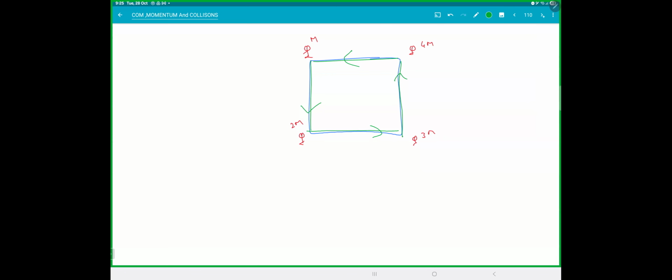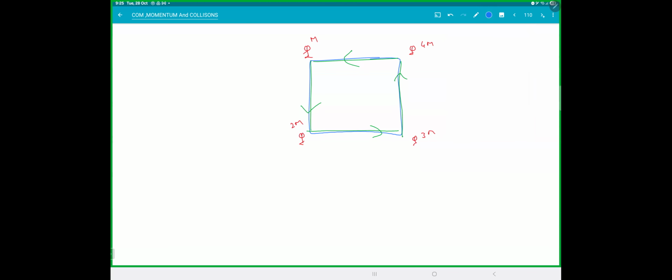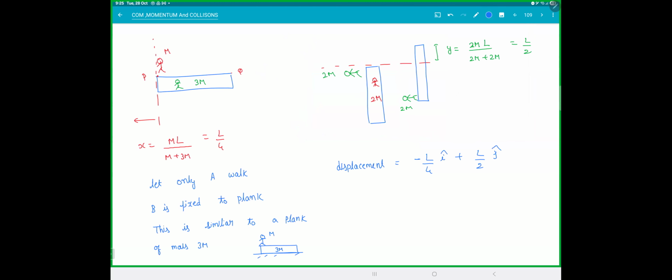Getting it? You can play around like this. Mass of the plank is m. So if all 4 people are walking anti-clockwise and they exchange places, then what is the displacement of the plank? Got the question? I'll leave it to you, you can try that. But you got the idea how to handle these things now.